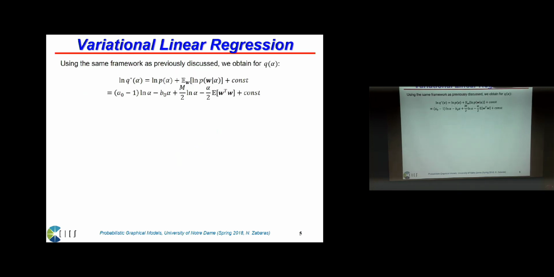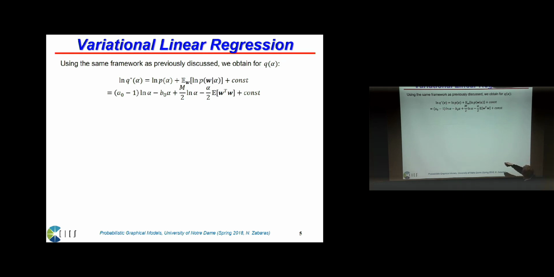So when I write the joint log likelihood, I'm going to be taking expectations with respect to W. Obviously, there was a prior on alpha, there was a prior on W given alpha, and alpha doesn't come into the likelihood, so that is constant.